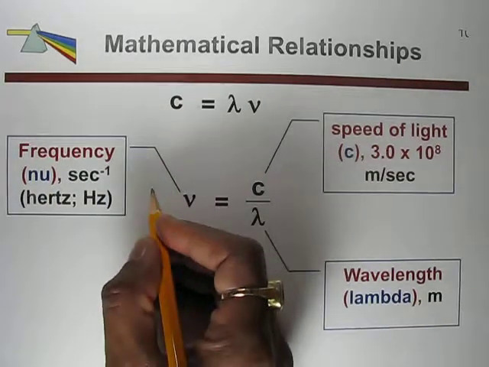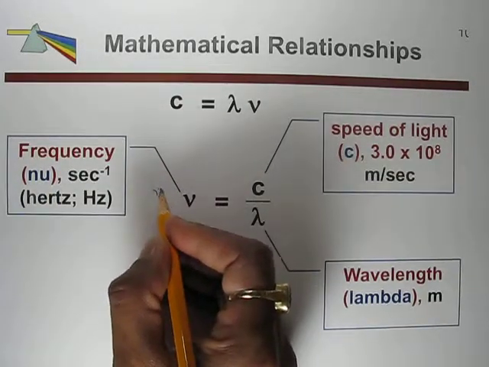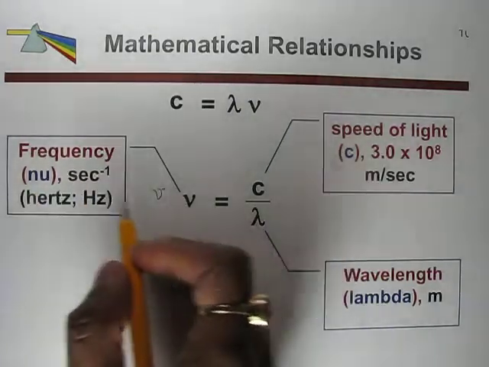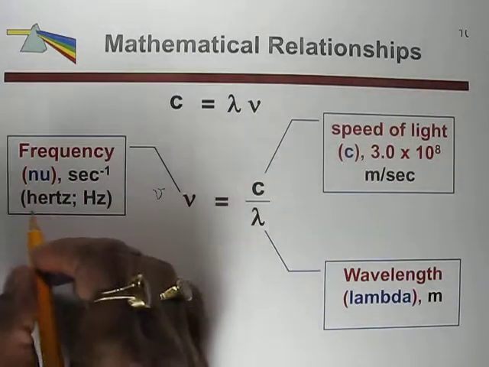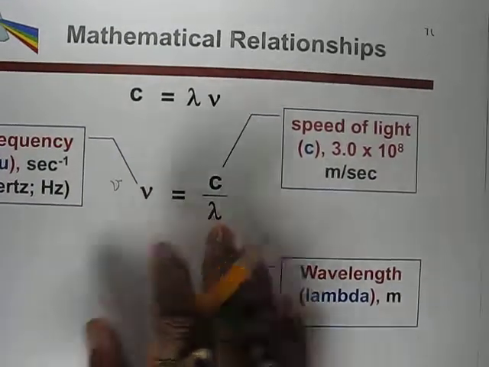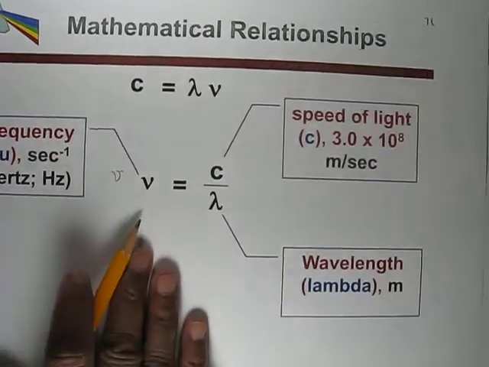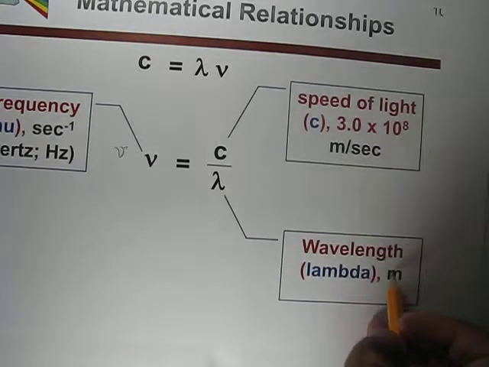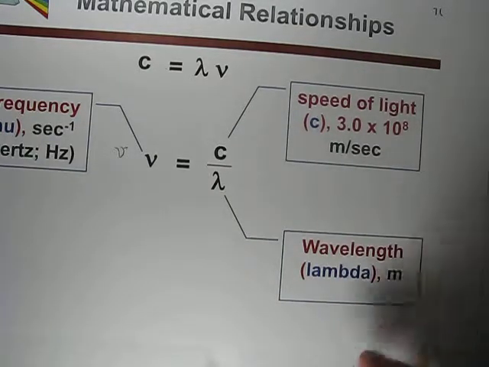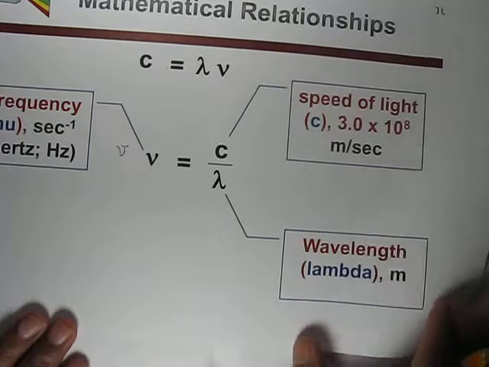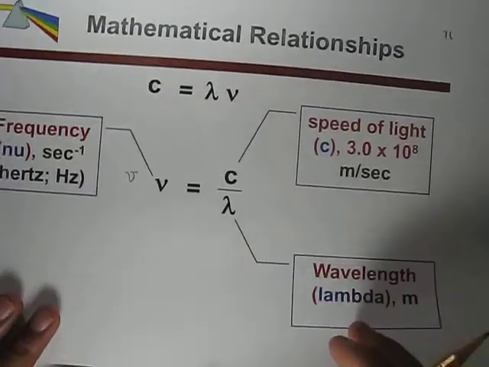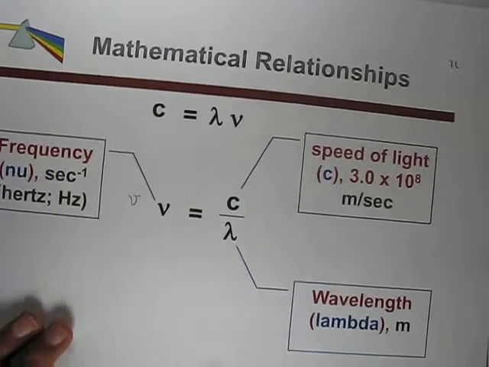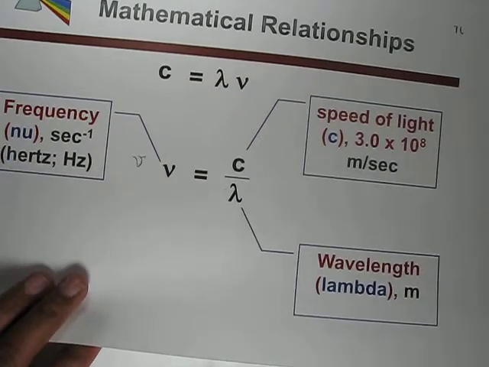It is like a small v, and its unit is per second or hertz, and lambda is wavelength. Lambda represents wavelength, and its unit is meter. It can be in meters or angstroms and kilometers.